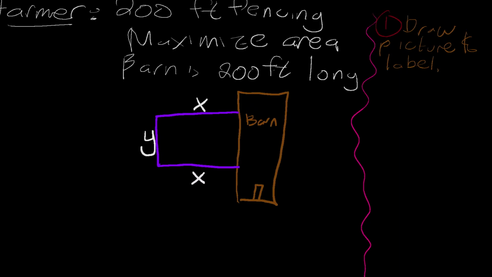The second step is a very important step. You need to find a formula for the quantity, whatever it is that you're trying to maximize. That's what you want to find your formula for. A formula for what is being optimized.